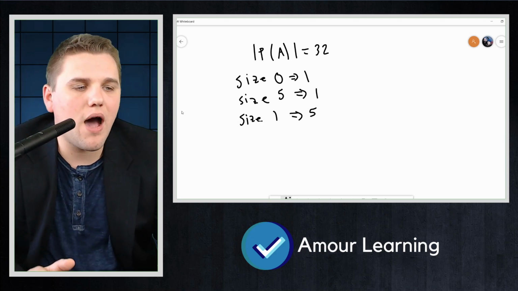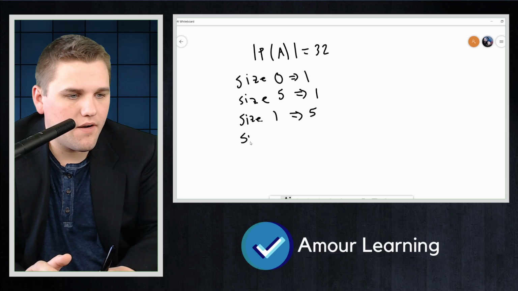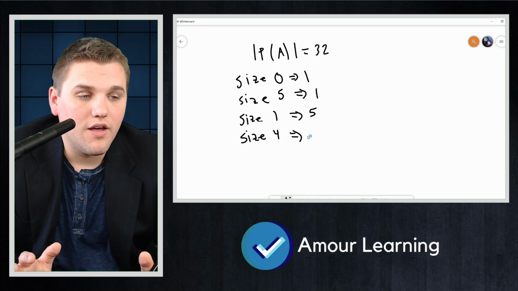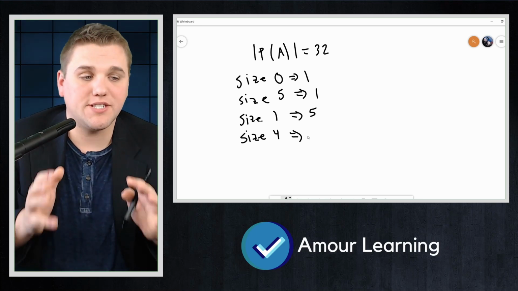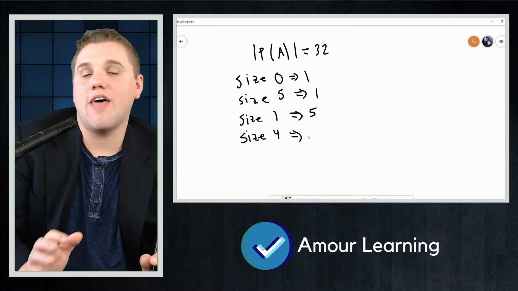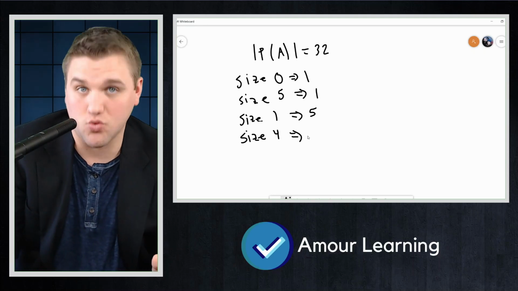Now, what about all the subsets of size 4? How many of those are there? Well, picking a subset with 4 elements is basically the same as rejecting one of the elements. How many ways can we reject one element?